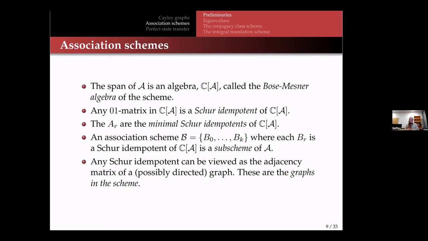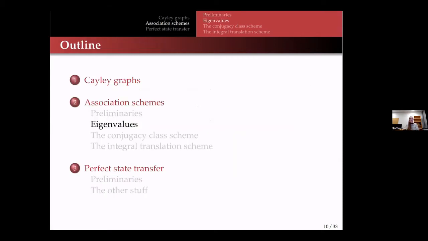And we talk about those graphs as the graphs in the scheme. This is really nice because we have this algebra, and now we have these graphs, and we like graphs, so that's nice.